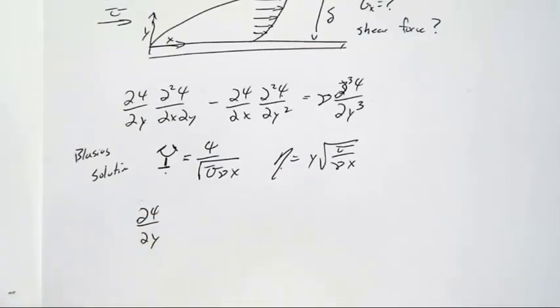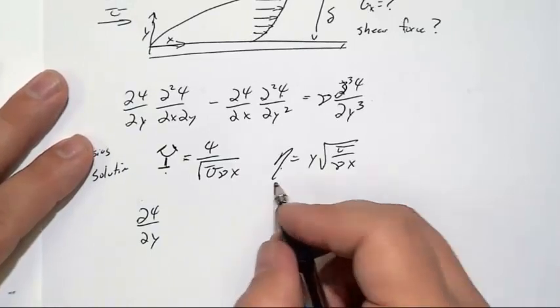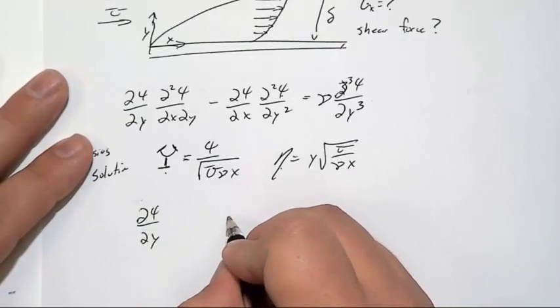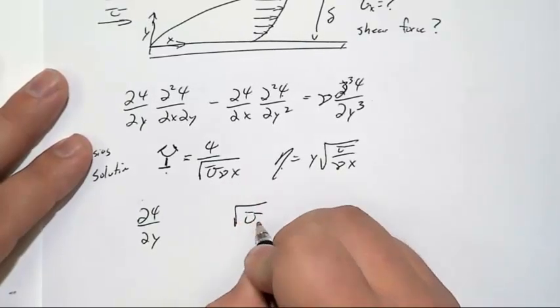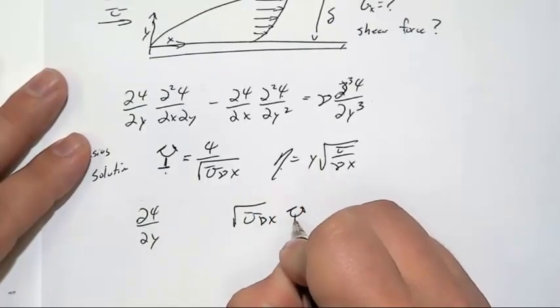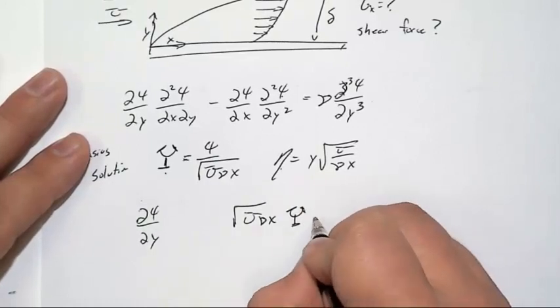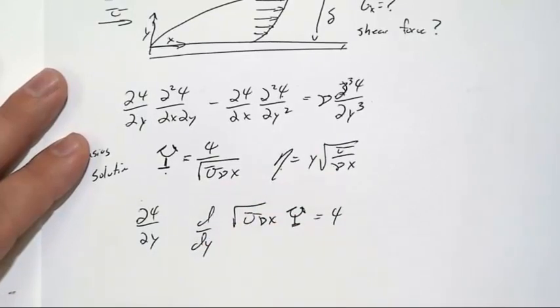So I start off with looking at the partial of stream function with respect to y. And so what I first did was go ahead and write our modified stream function and multiplying each side by that numerator. So we had the square root of u times the kinematic viscosity times distance times modified stream function is equal to the stream function.